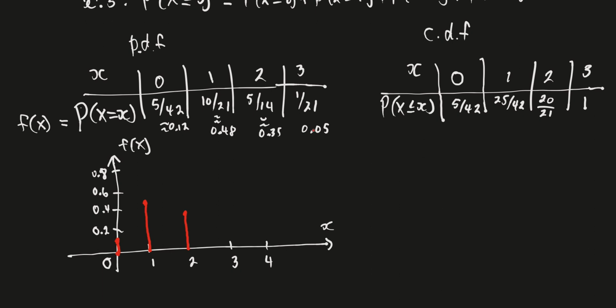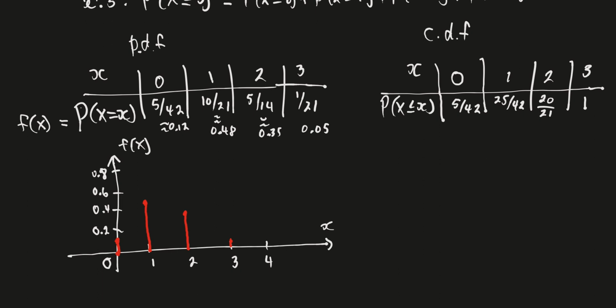So the low probabilities will have a very short vertical line segment. 0.05 is a quarter of the way here, so basically half of this one. So again, it's very, very short, basically something like that.